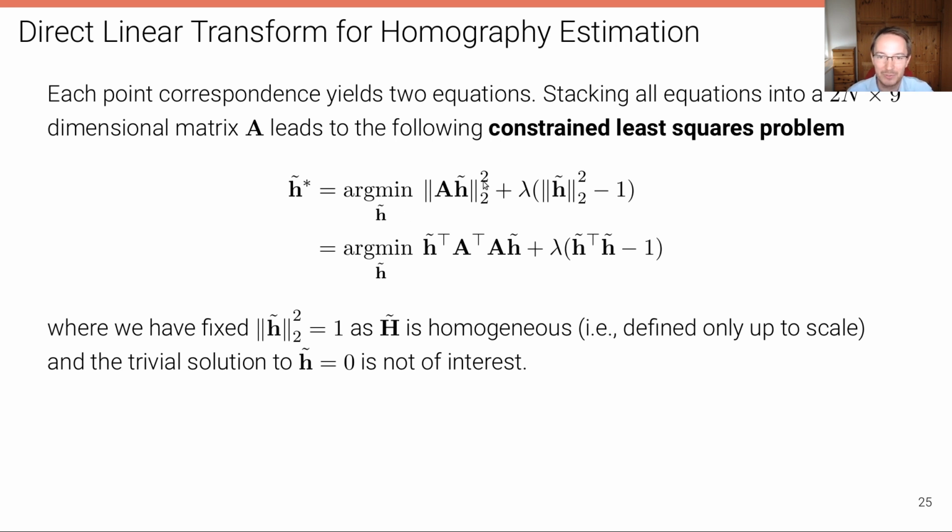What has happened here is only that I've rewritten the expression on the top without the square. So this is just rewriting it in terms of standard linear algebra. So we have h squared is simply h transpose h, and Ah squared is h transpose A transpose times Ah.